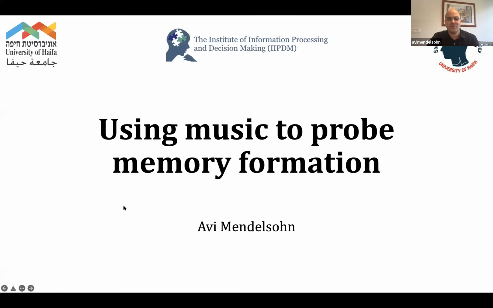So I was going to talk about films and music, but I will concentrate only on music, which is an ongoing project that we started in the lab. Our interest in this project is to use a very ecological and prevalent means that is a part of our daily lives, which is music, and to understand how different elements of music affect cognition and specifically memory.